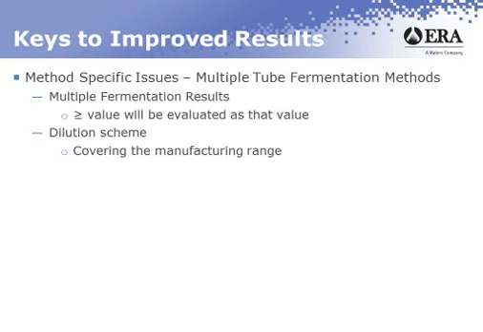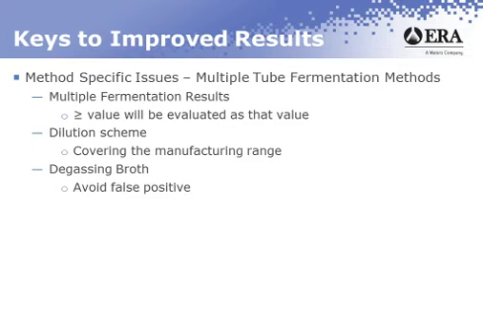Instead of just running 10, 1, 0.1, you can do an additional 0.01, and standard methods will give you guidance on how you shift the interpretation of your positive tubes, and then you go to the MPN table and you adjust that value accordingly. That may be something that people doing the old 9221 method may want to consider when they're running unknowns, PTs.